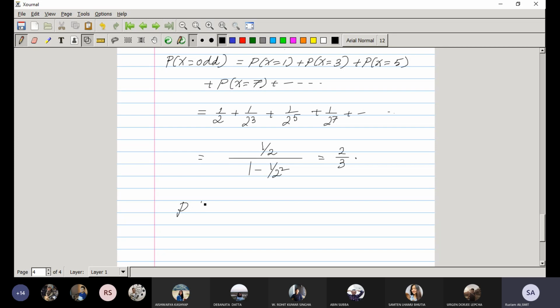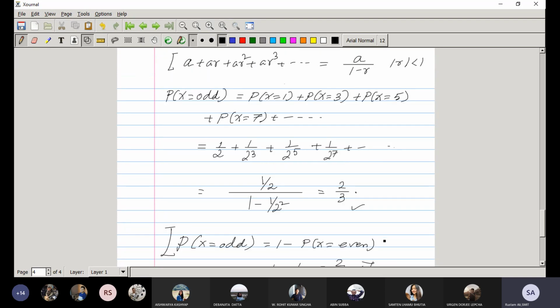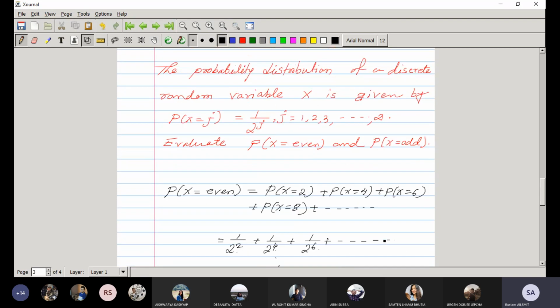So probability X equal to odd will be 1 minus probability X equal to even. Probability X equal to even we have already computed, that is 1 by 3. So it's going to be 2 by 3. So that way also you can find. Okay, so please go through this solution once again.